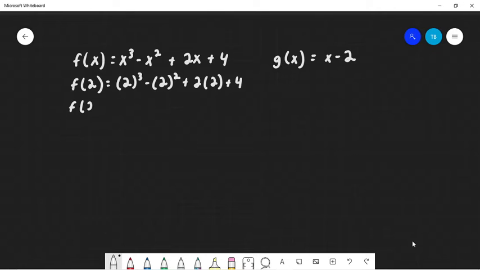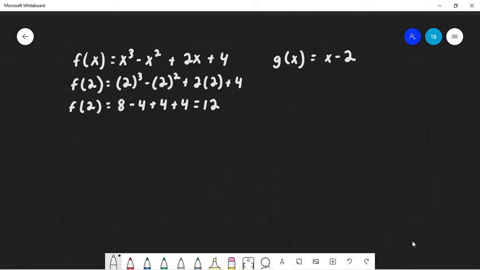So f of 2 equals 2 cubed is 8 minus 2 squared is 4 plus 2 times 2, which is 4, and then plus the constant term 4. And then when we evaluate that, 8 minus 4 is 4, plus 4 is 8, plus the other 4 is 12. So if f of x is divided by g of x, then our remainder will be 12. So that's how the remainder theorem works.